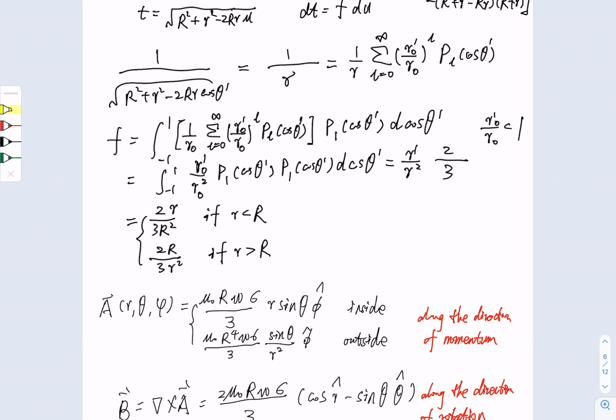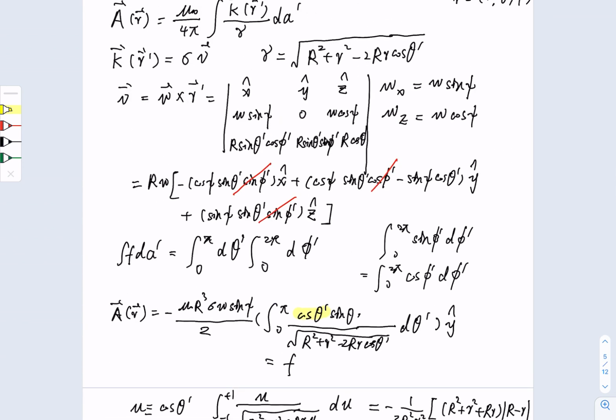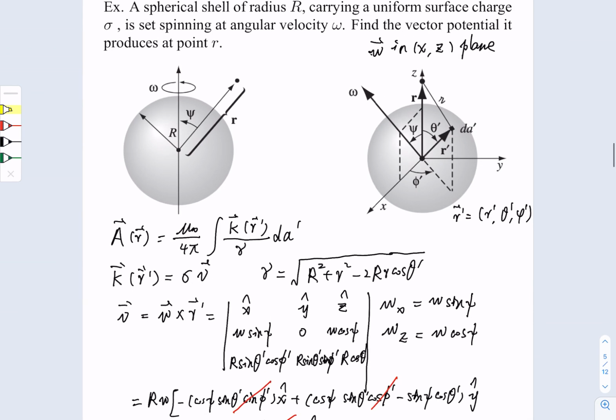In principle, first we will get the A field that's along this y direction, right? Because initially we see that the A field is along the direction of y.